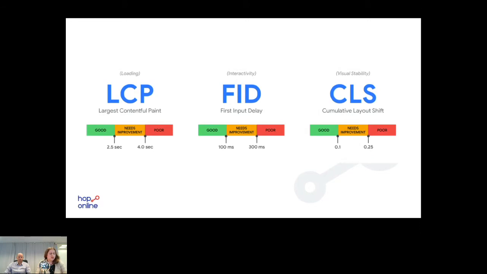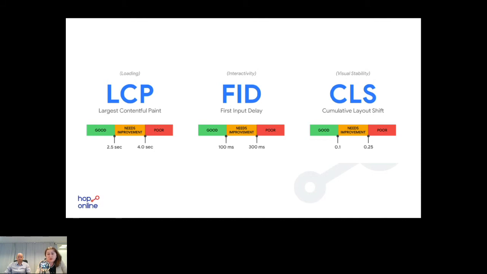In a nutshell, the most important factors for this Core Web Vitals update are these three metrics. LCP, which is important for the page load of your web page, the FID, which Google uses to measure the interactivity of the page, and CLS, which it uses for visual stability.